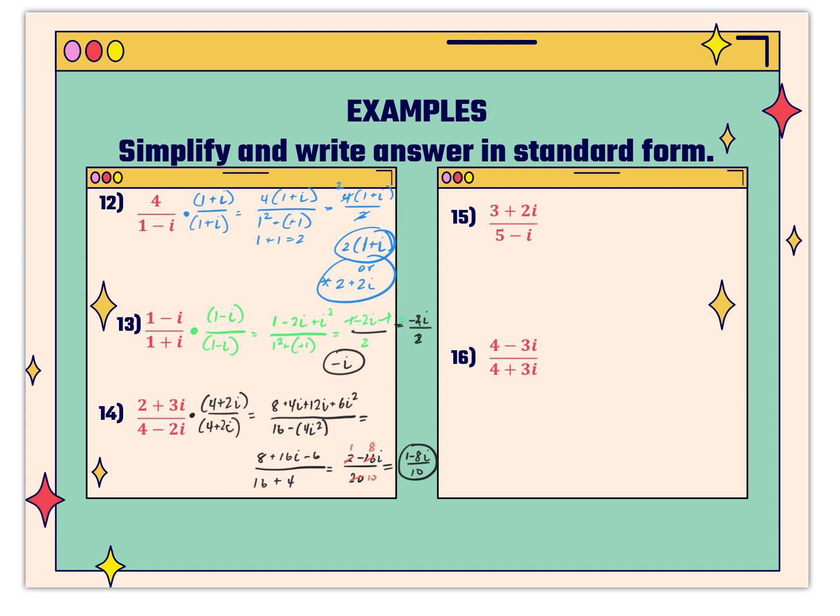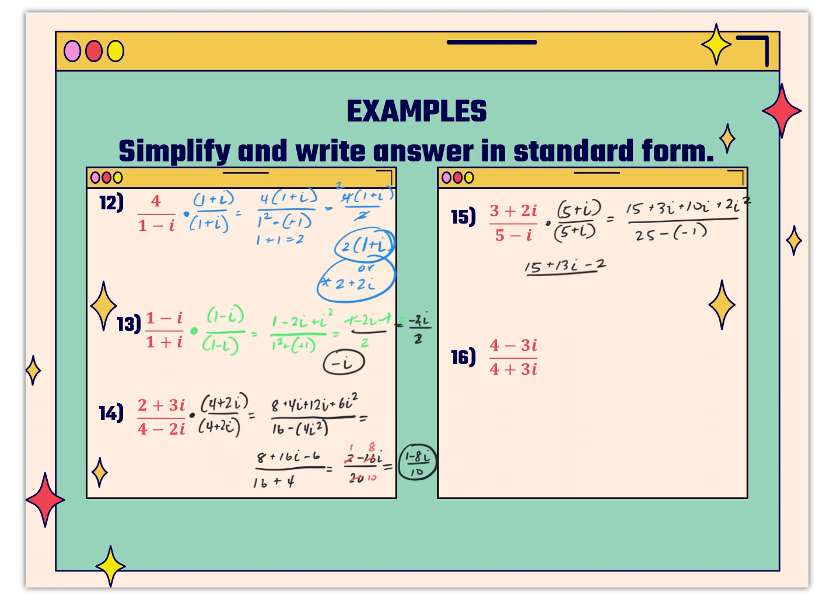We keep going. We still have a few more. So again, we're going to multiply by the complex conjugate, which is 5 plus i. We FOIL out the top, and we get 15 plus 3i plus 10i plus 2i squared. And our denominator becomes 25 minus -1. So when I go to simplify this, my numerator is going to become 15 plus 13i minus 2.